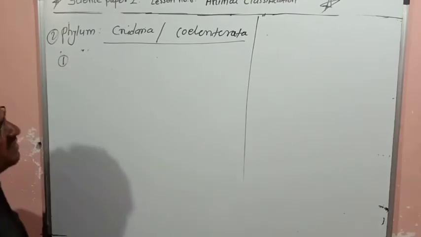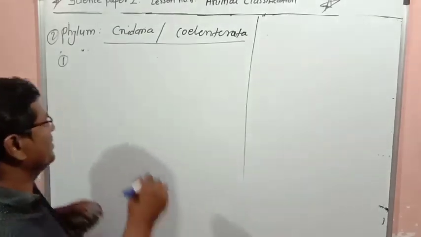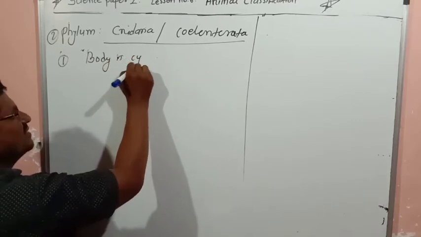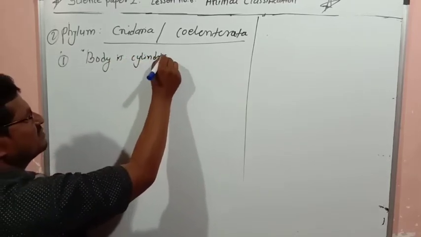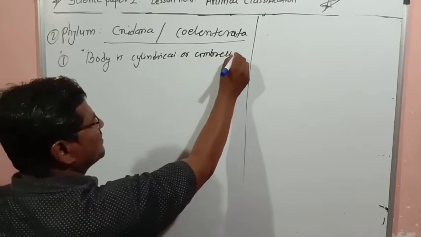The first characteristic is that the body is cylindrical or umbrella like.